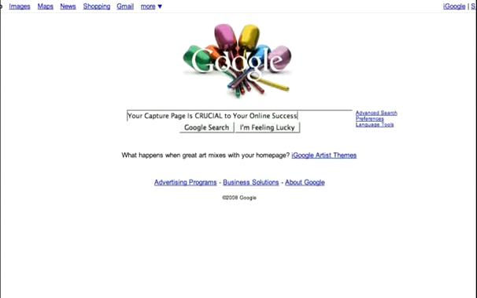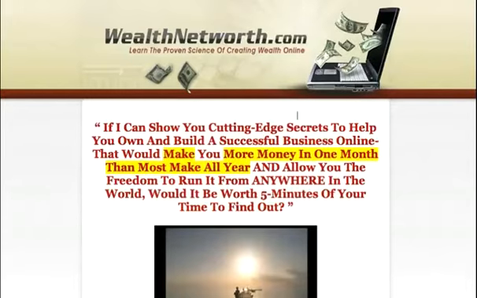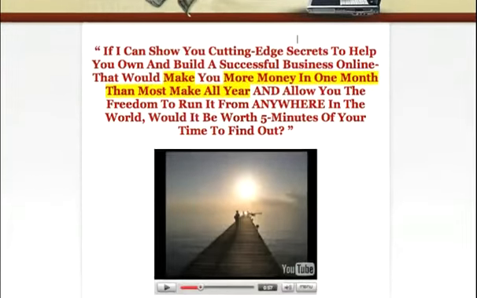So, okay, let me show you one of my personal capture pages. This is just one of the many that I use to build my lists. Now, as I mentioned in my book, you're going to have to test and retest. This particular page has probably changed 10 different times.